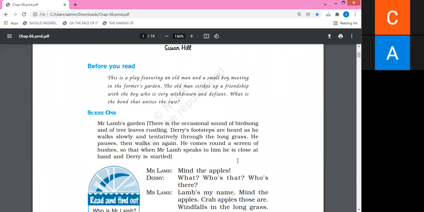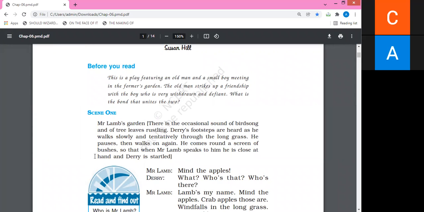Note down this idiom, dear students, close at hand. It means to be near to anybody. You are well aware of idiom and phrase. So again, we have to look at this. Close at hand is an idiom. I told you the details of idiom and phrase in my previous chapter.